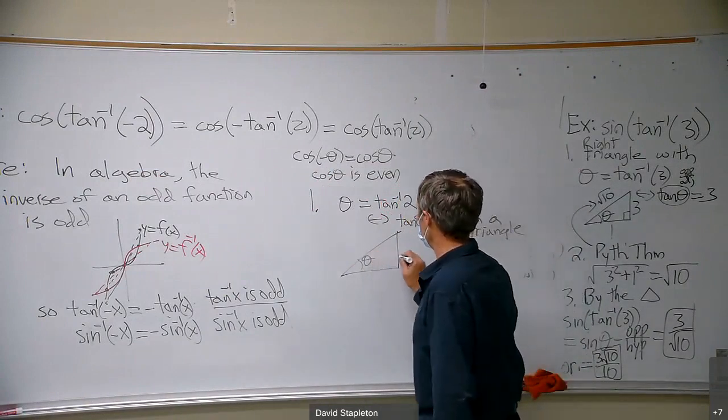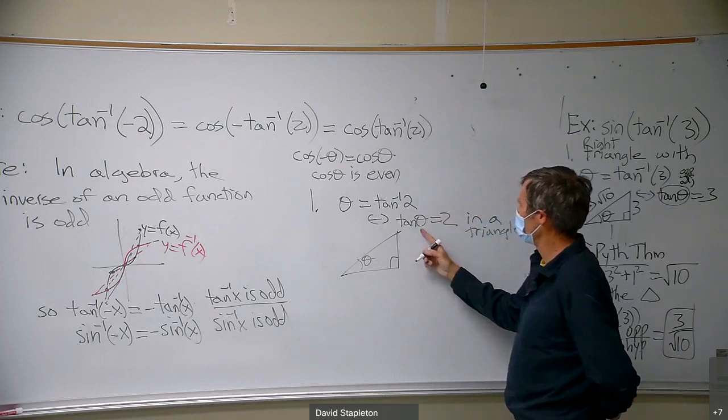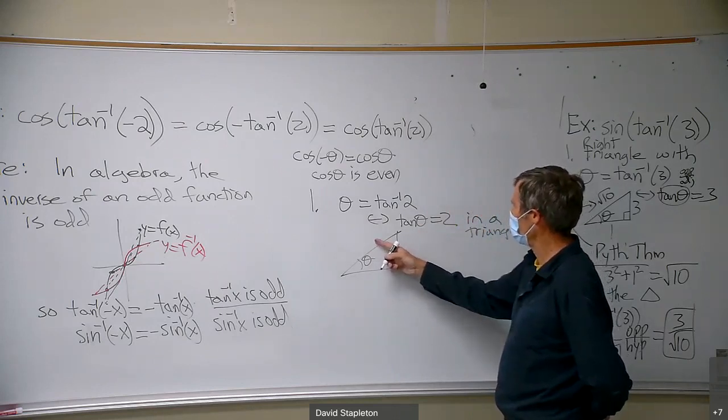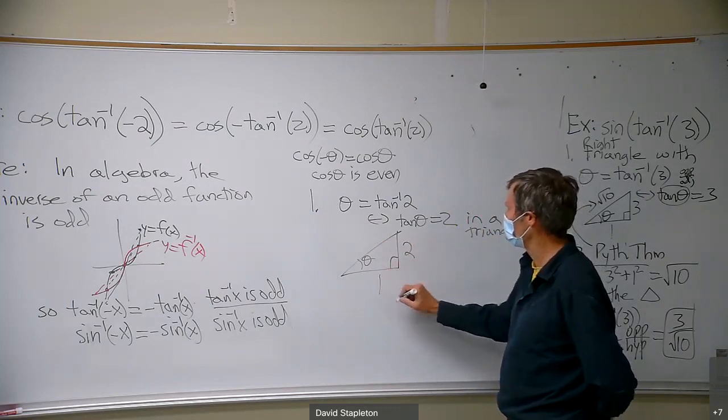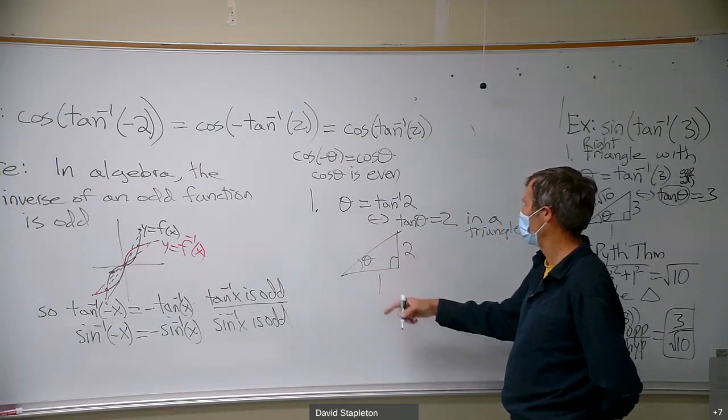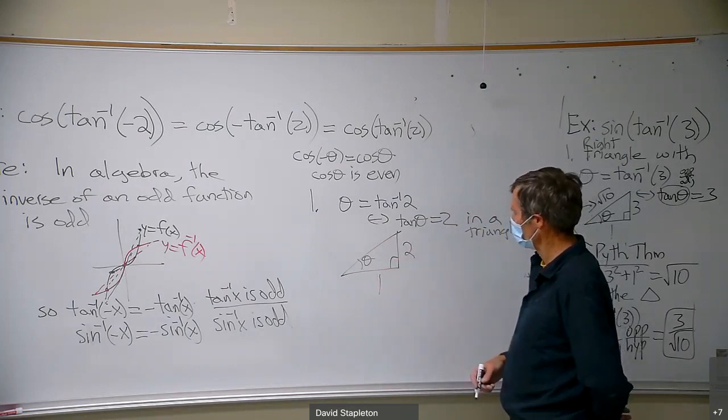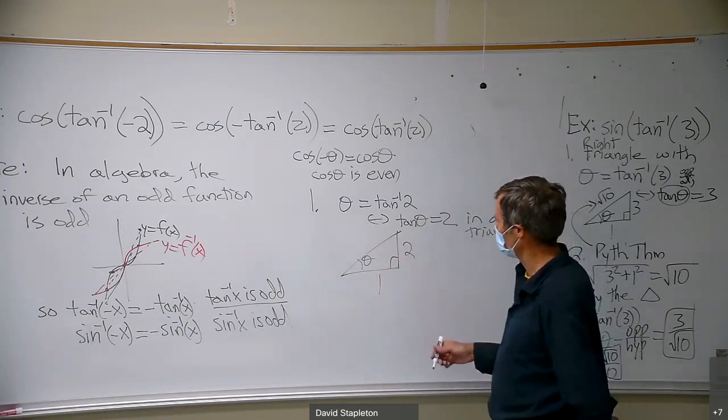If I call this theta in a right triangle, for tangent theta to be 2, I want that to be the ratio of opposite to adjacent, right? So I can call this 2 and this 1, or I can call this 10 and this 5, or whatever I want, just so it's a 2-to-1 ratio. Let's make it as easy as possible.